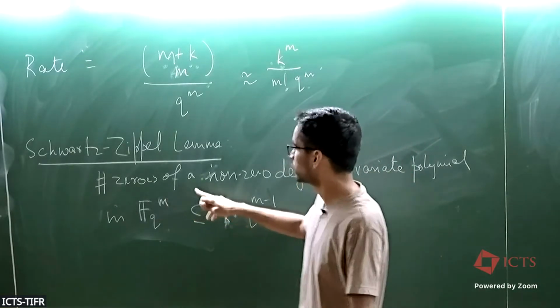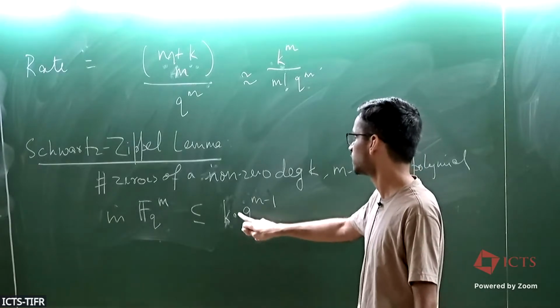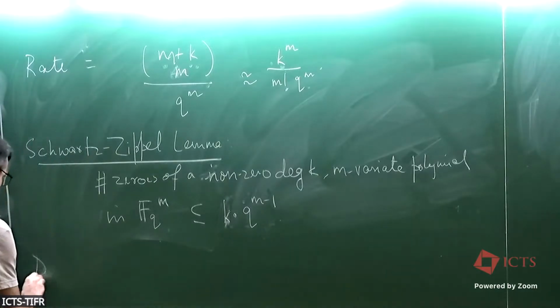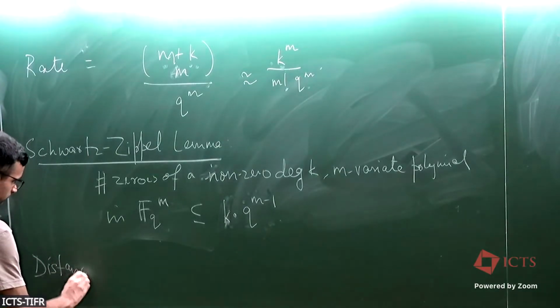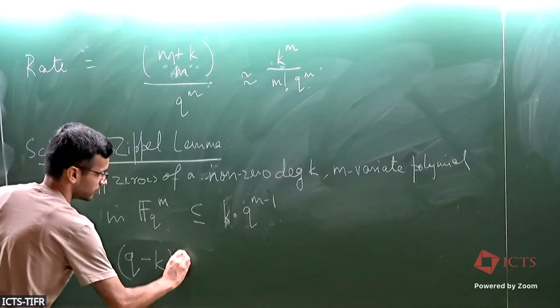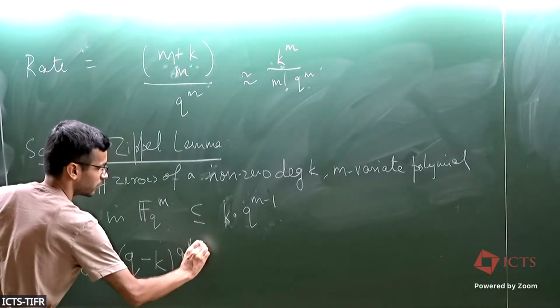So the distance of the code is at least q to the m minus k times q to the m minus 1.